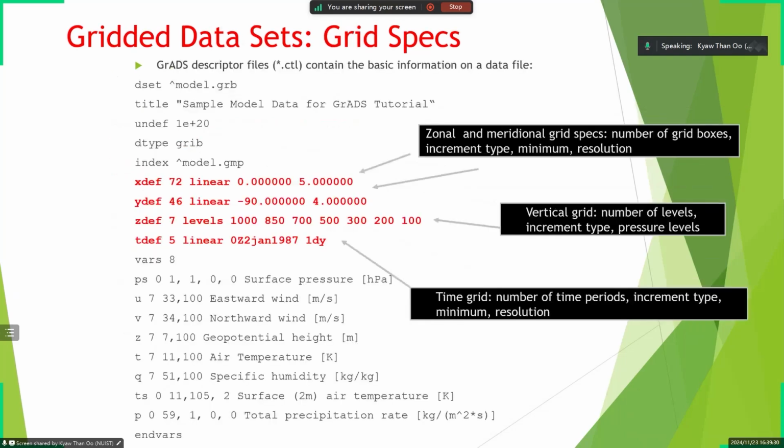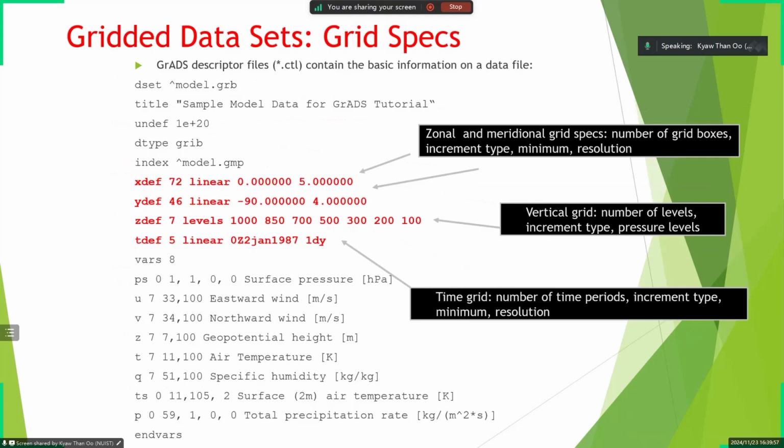So next, the dimension section. In your data set, this is the dimension. There are 72 grid points, and the Y dimension is 46 grid points, and Z in level is 7 layers, matching 1000 hPa, 850 hPa, 700, and so on.